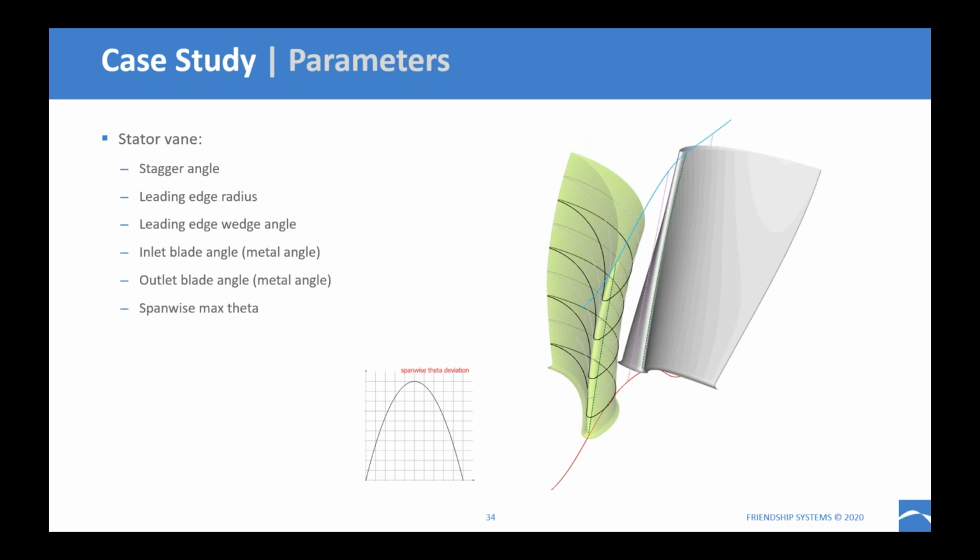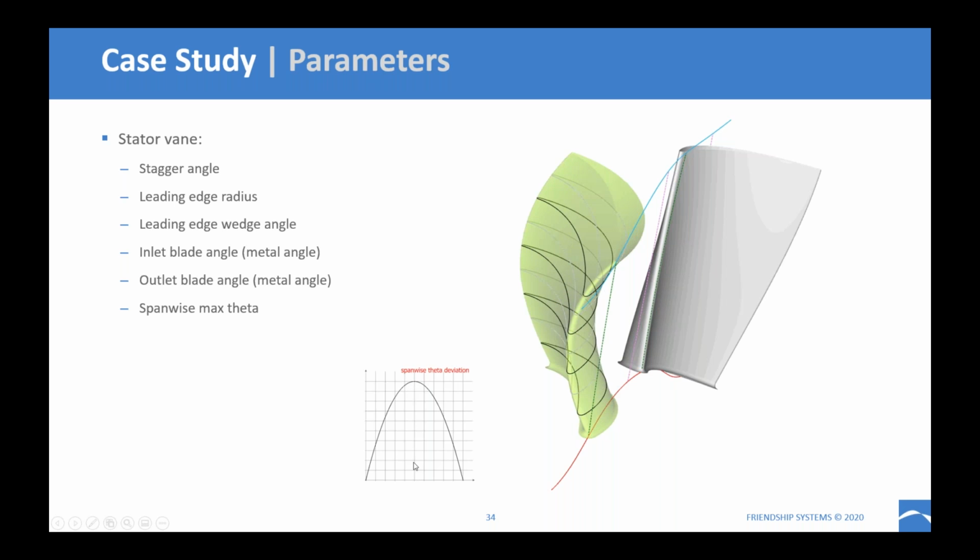And then we have the maximum theta value. So this is the maximum circumferential offset of the blade at the leading edge. Here you can see again this radial or span-wise distribution function of the theta value at the leading edge.